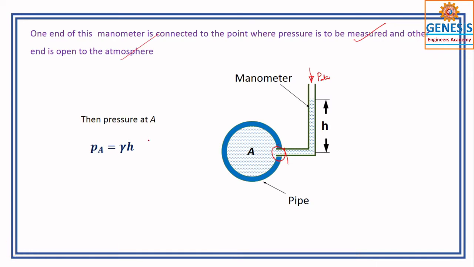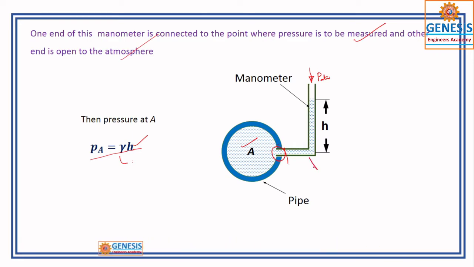Now I want to know the pressure inside the pipe above the atmospheric pressure. That can be called positive gauge pressure, or simply gauge pressure. What is the hydrostatic law? The pressure is equal to gamma H, where gamma is the specific weight of the fluid flowing through the pipe and H is the height in the piezometer.